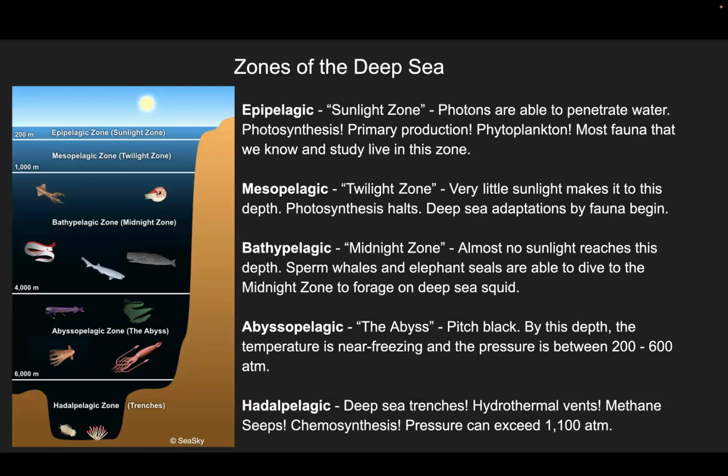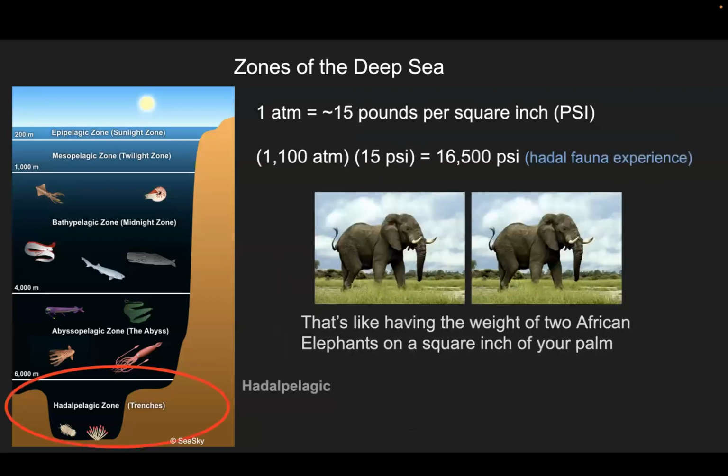This is characterized by deep sea trenches, hydrothermal vents, methane seeps, chemosynthesis, which I will get into in my next slides. The pressure can exceed 1,100 atmospheres, which is incredible. It's a heck of a lot of pressure.